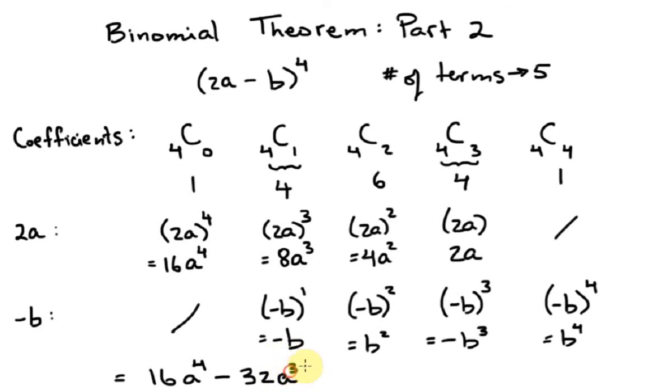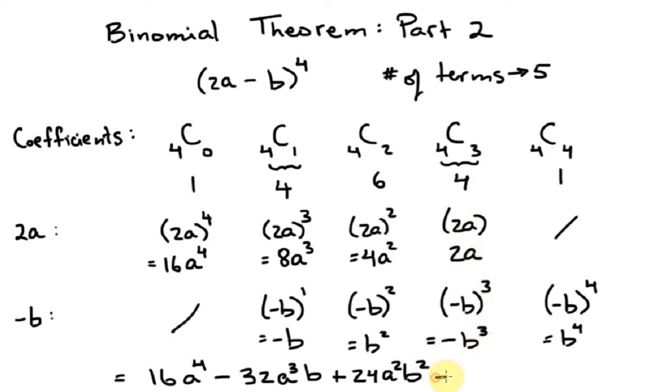All right. Then we go to the next one. 6 times 4a squared times positive b squared. So it'll be positive, and 6 times 4 is 24. And then we have a squared, and we have b squared. On to the next term. We have 4 times 2a times negative b cubed.